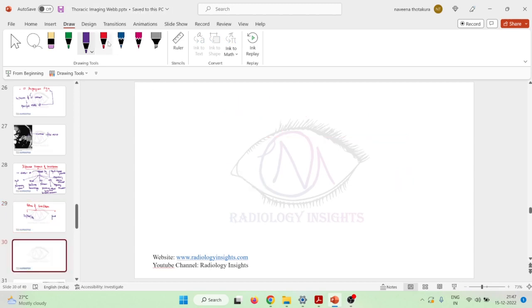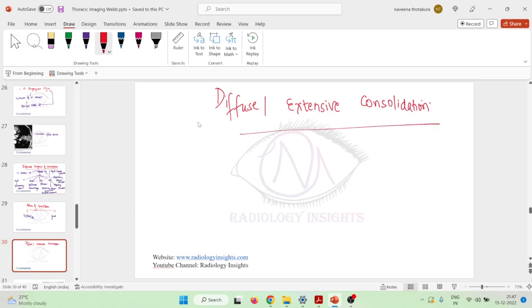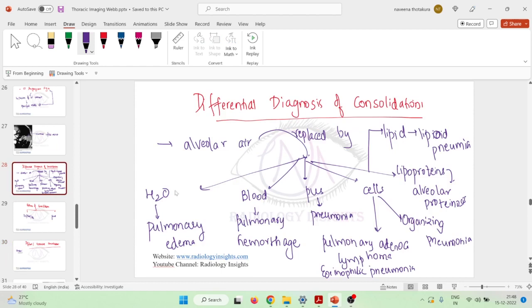Diffuse or bilateral consolidation may be seen, or you can see presence of focal consolidation. Now in this class, let us learn about the diffuse or extensive consolidation. First we will see the causes of this diffuse or extensive consolidation. As we have already seen, whenever the alveolar air is replaced by water, this results in consolidation.